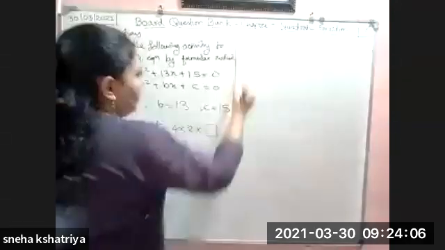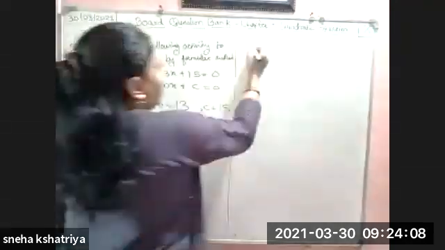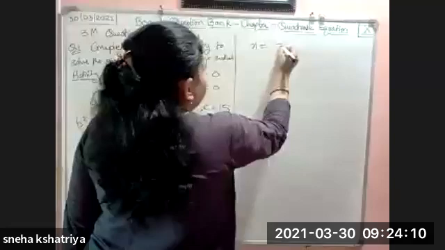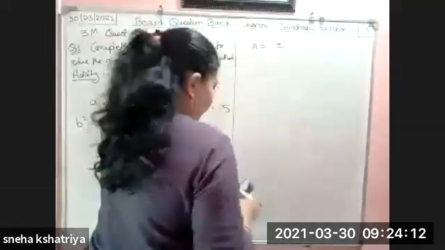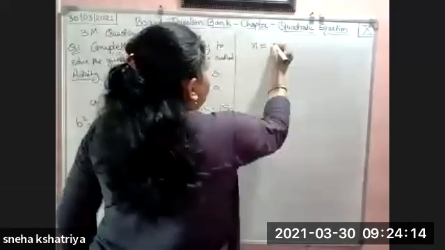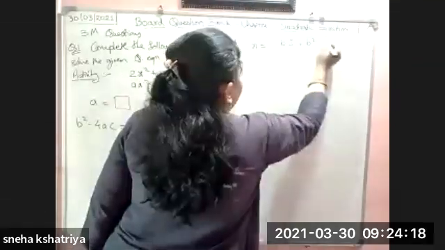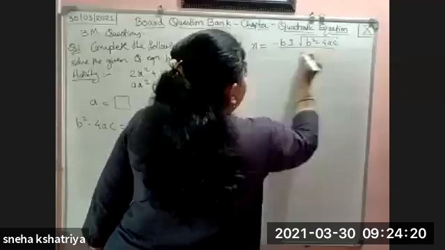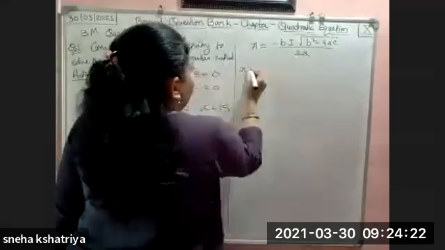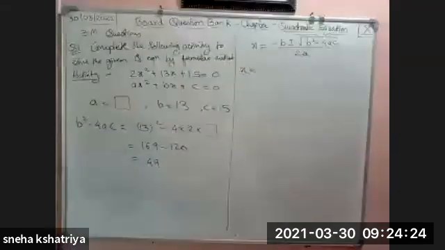Now the formula. What is the formula to find out the root? It is x is equal to minus b plus or minus under root of b square minus 4ac, divided by twice a. x is equal to, put the values.